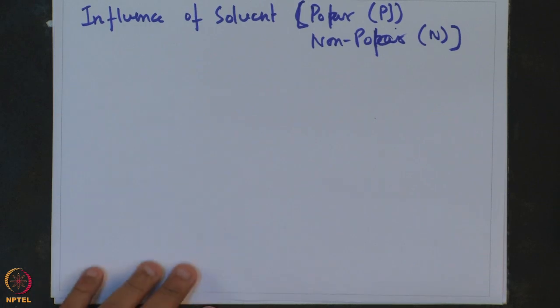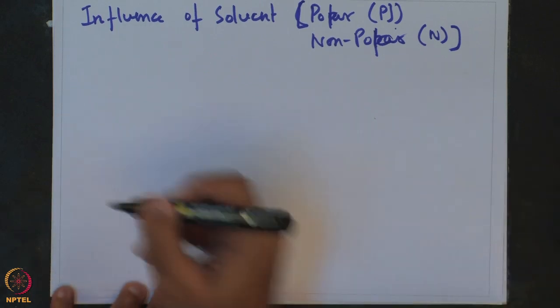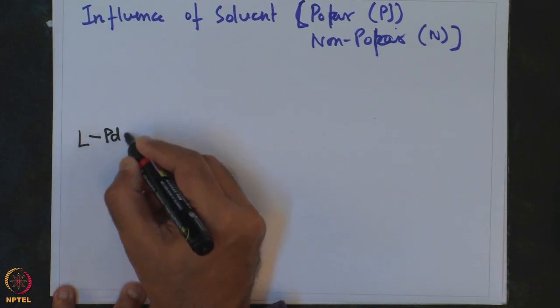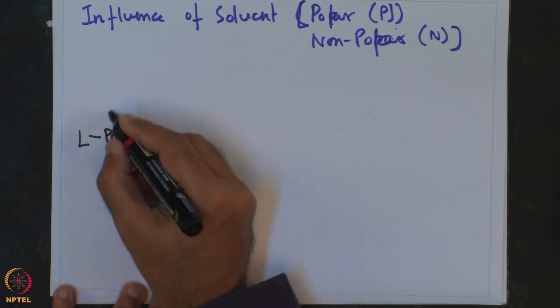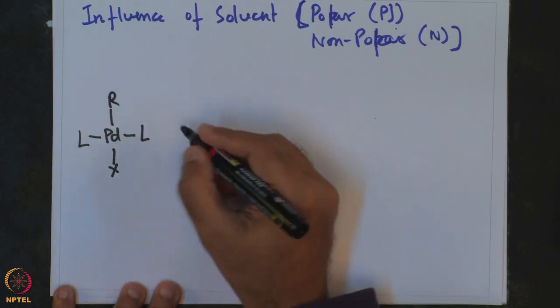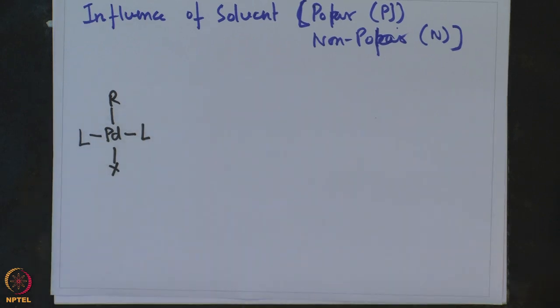So, after the oxidative addition has taken place, the product of the following intermediate has been isolated, L L and this is R X.